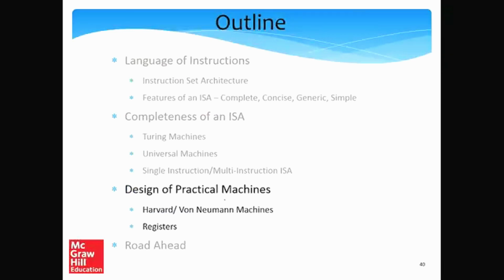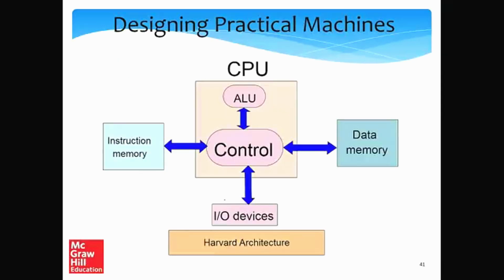Finally, we look at the design of practical machines. So how exactly would we extend our theoretical results to practical results? There are two kinds of machine categories. One practical machine is known as the Harvard architecture. In this we have the CPU, a separate data memory and a separate instruction memory.